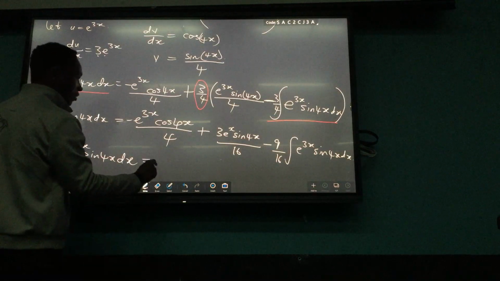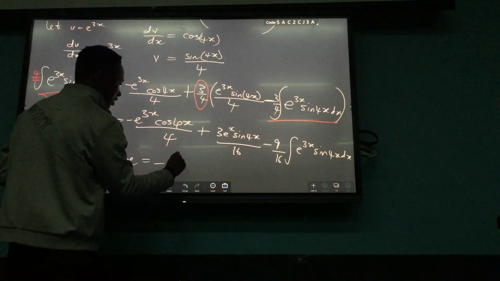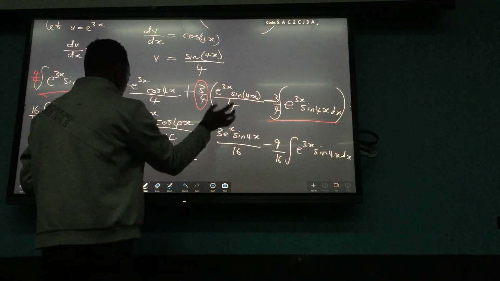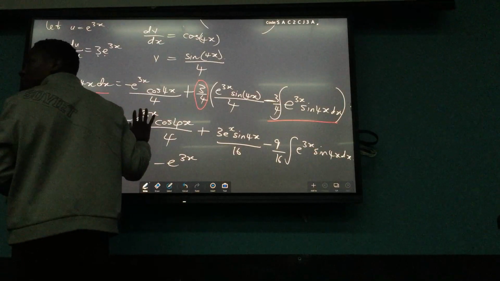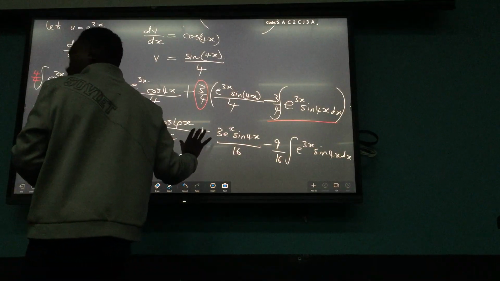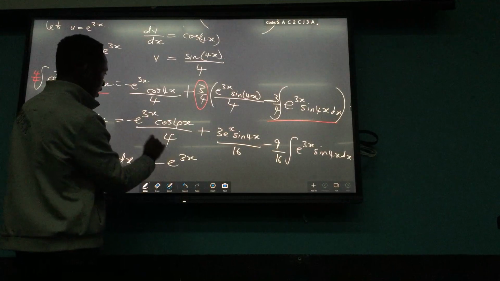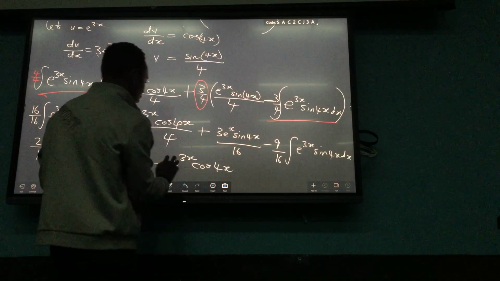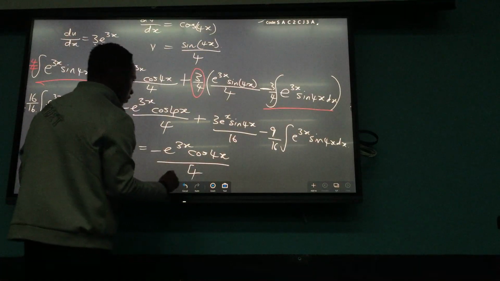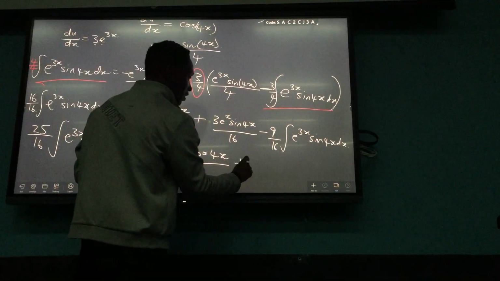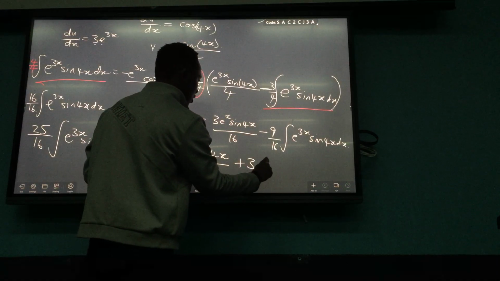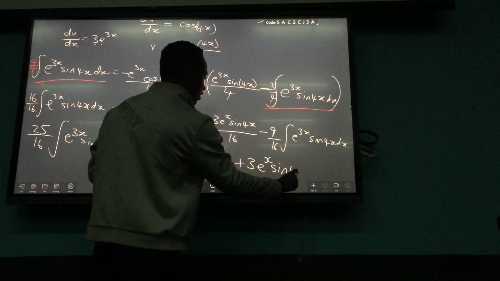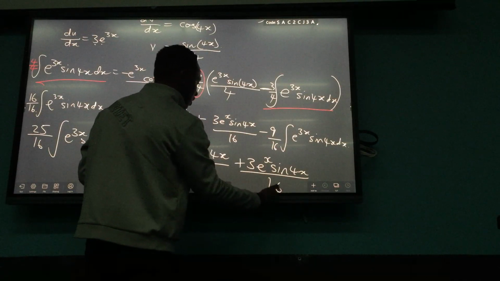And then we're going to write minus e to the 3x. So this we took to that side and it became a positive. We now write this part here. So we're going to write e to the 3x cos 4x over 4 plus 3e to the 3x sine 4x over 16.